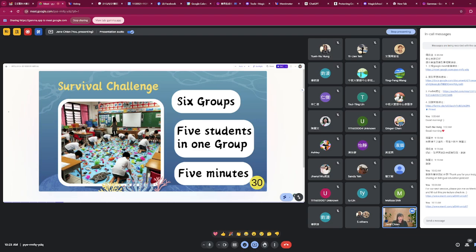They are going to act out as sea animals, but they need to avoid the trash in the ocean. If you could see the picture here, have you noticed anything odd or anything special about this image of the classroom? 有看到这个 image 吗?